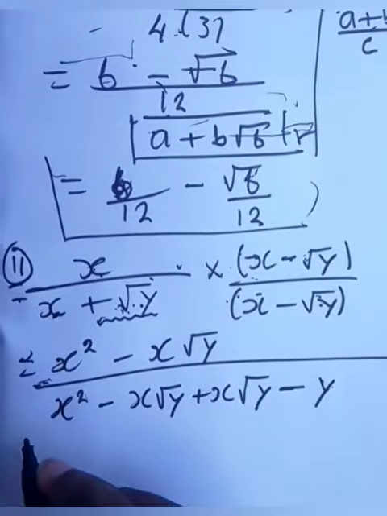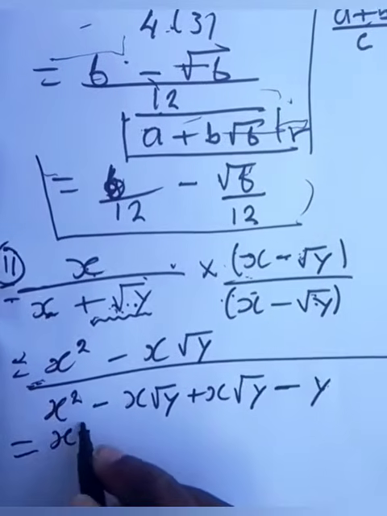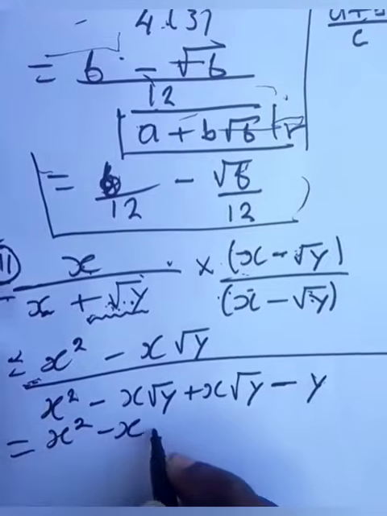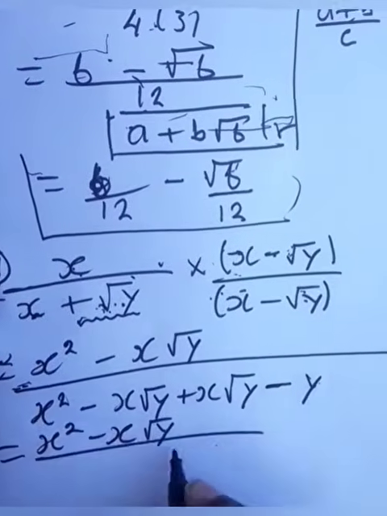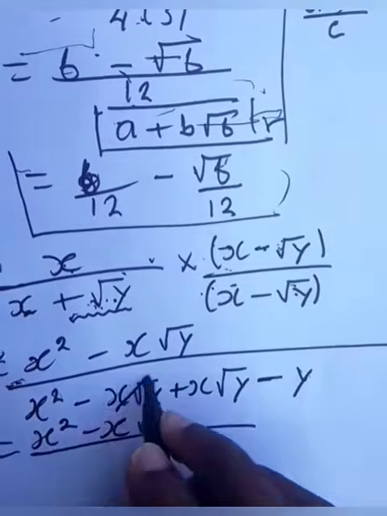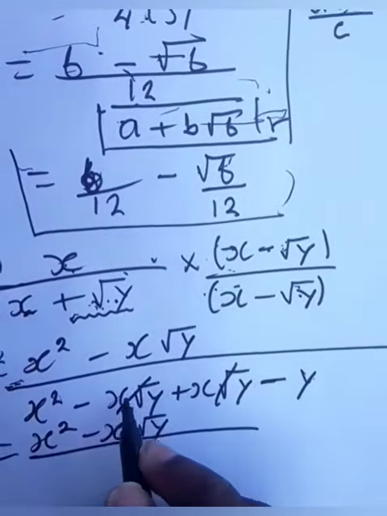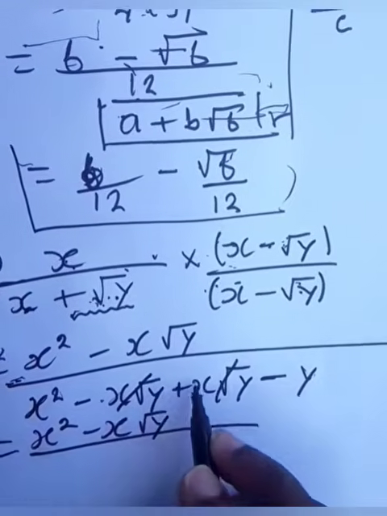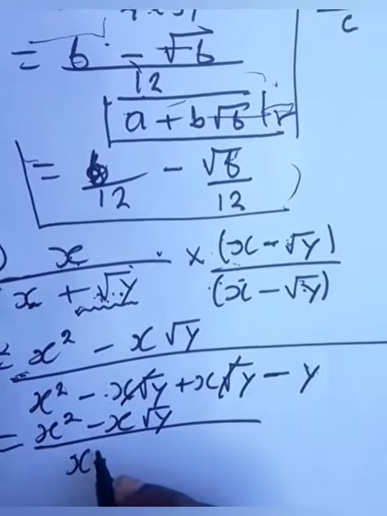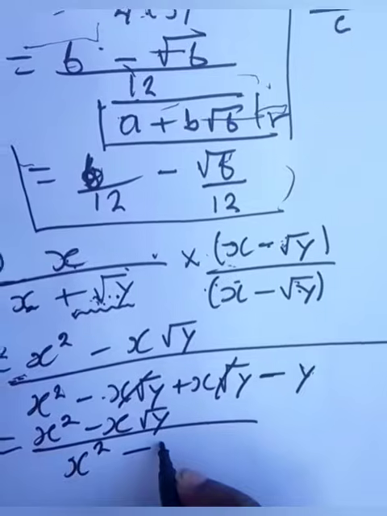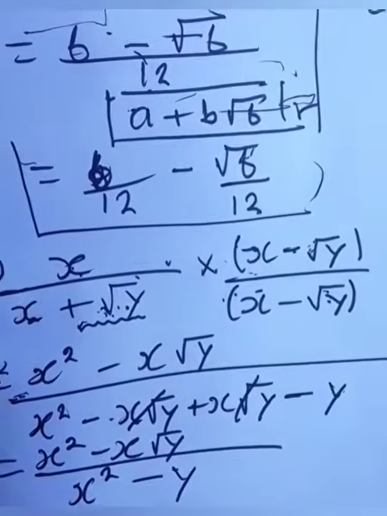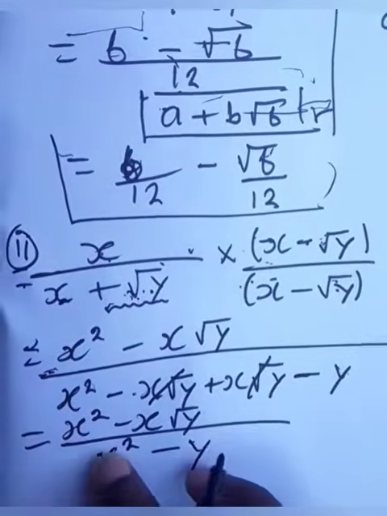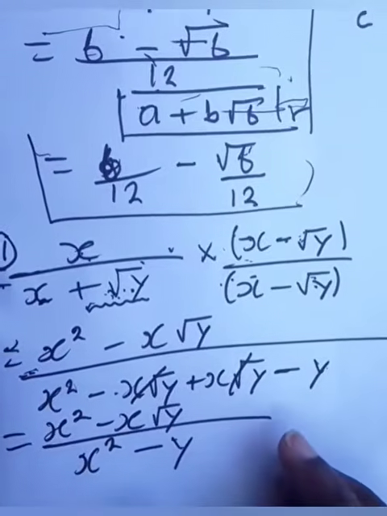Okay, so we now have on the numerator x power 2 minus x square root of y over. Now look, these are going to cancel because they are similar, having opposite signs, right? So we are going to remain with x power 2 minus y.